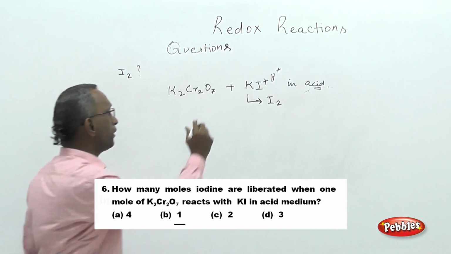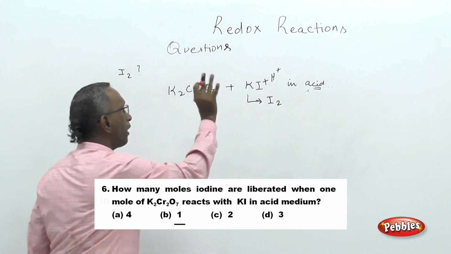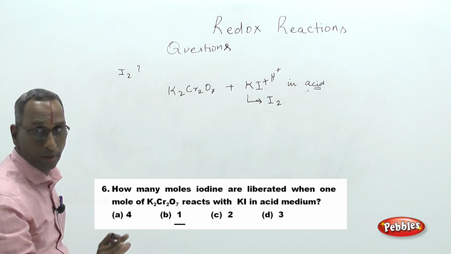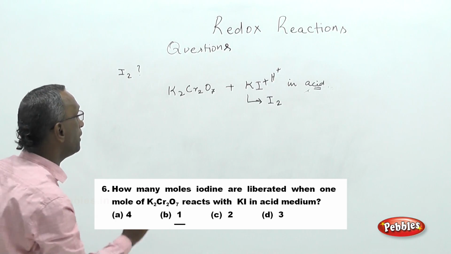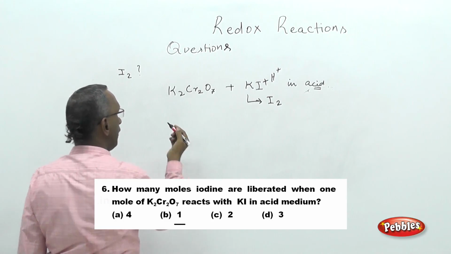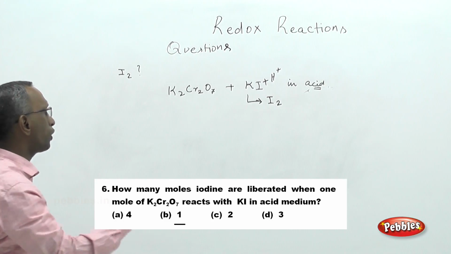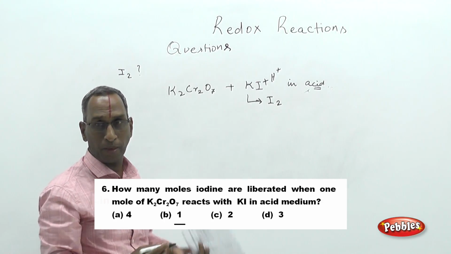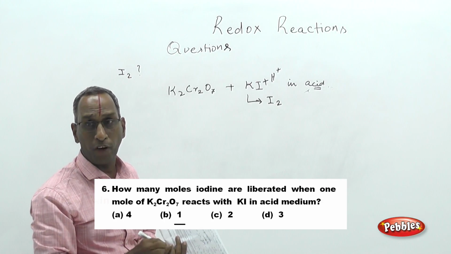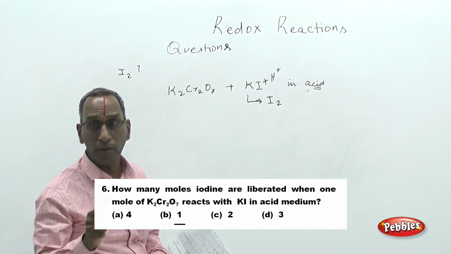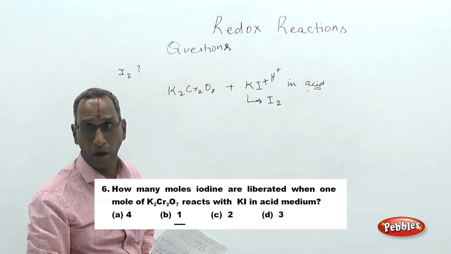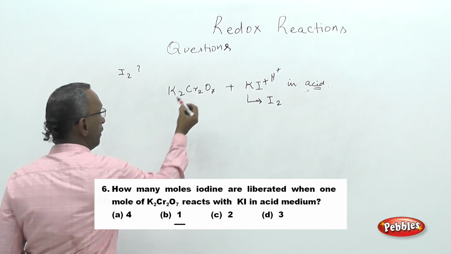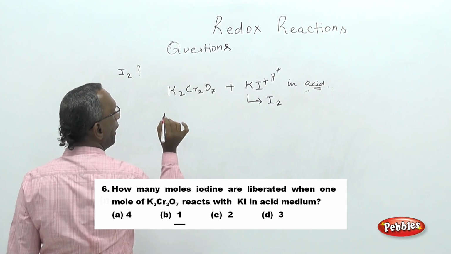Now we have some idea about the possible reactants and products. We have to get a balanced equation. This can be easily solved by the ion electron method, a method we have studied for balancing redox equations. Ion is a charged particle. Let us first write the ionic equation.